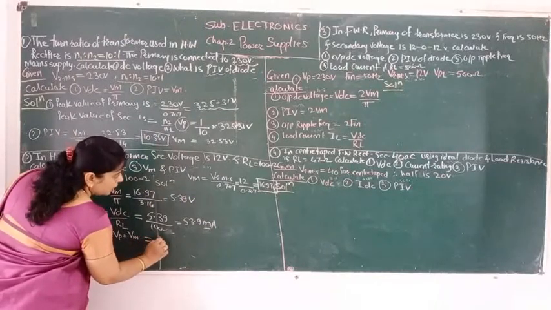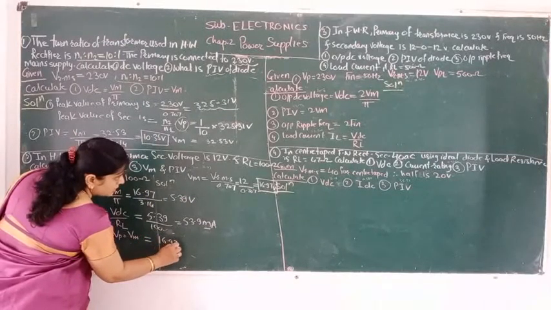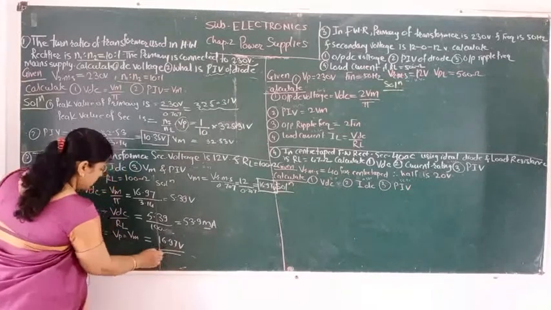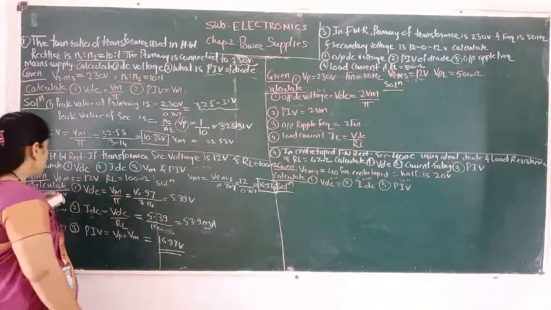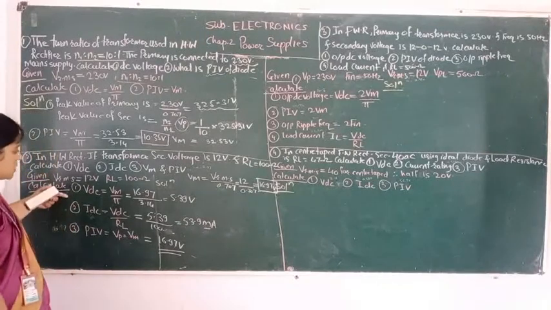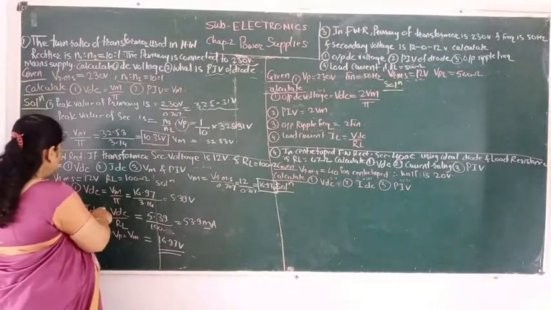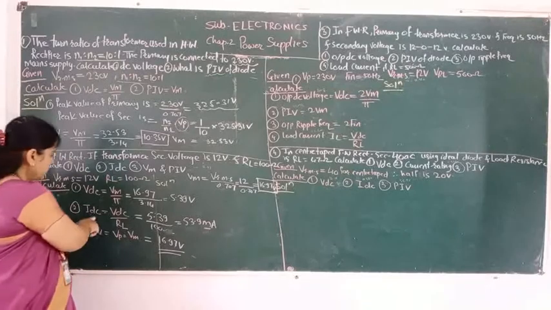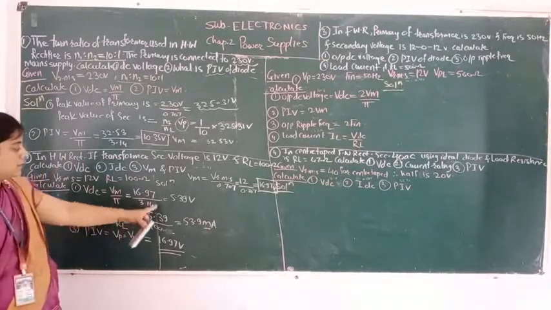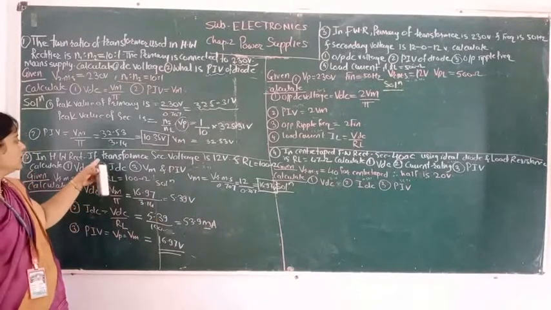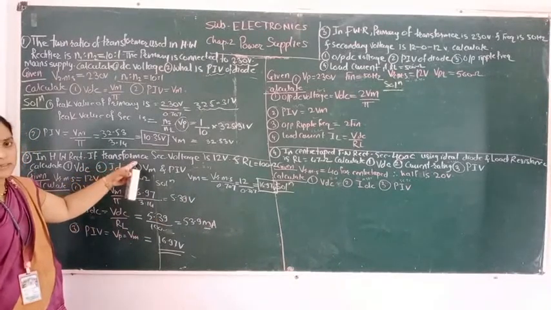I will directly write the value: 16.97 volt. So this is our peak inverse voltage. First is VDC, second is IDC, and third is PIV. These are the three values that we have to calculate in this sum.